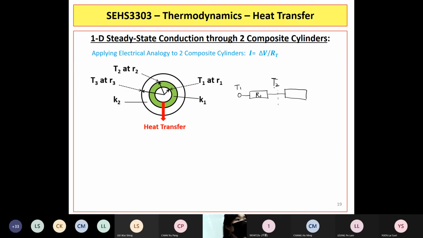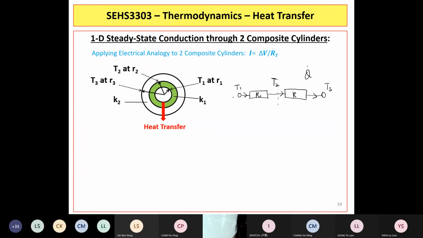From the middle surface to the outer surface, we again have conduction. That should be R2. Finally, we have the temperature at the outer surface, that should be T3. During the whole process, we have the same conduction heat transfer rate.